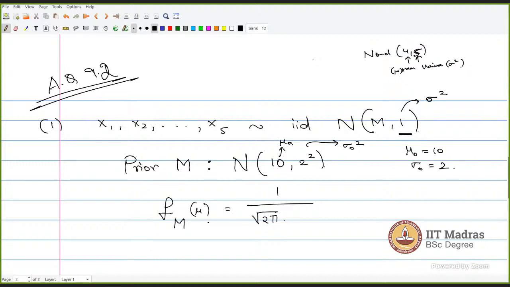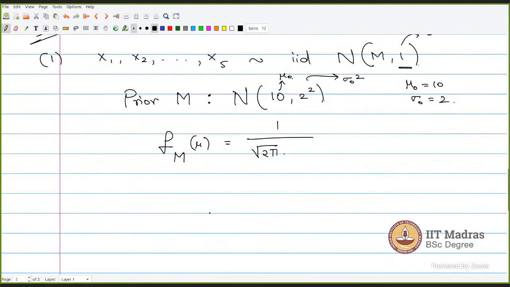So the PDF of this prior is 1 by root 2 pi sigma naught, sigma naught is 2, into e to the power minus (m minus mu naught, mu naught is 10) whole square divided by 2 sigma naught square, which is 2 square. This is the PDF of normal(10, 2 square).